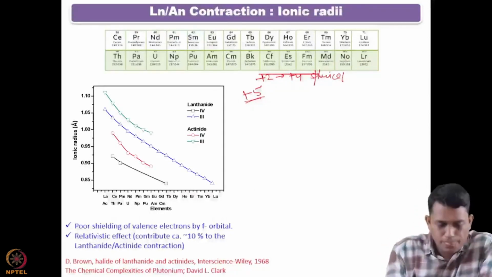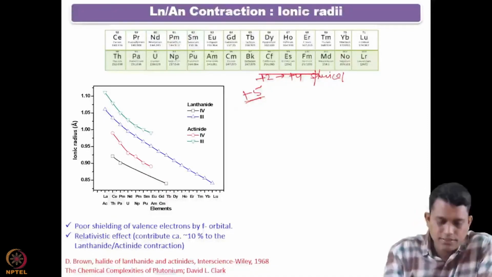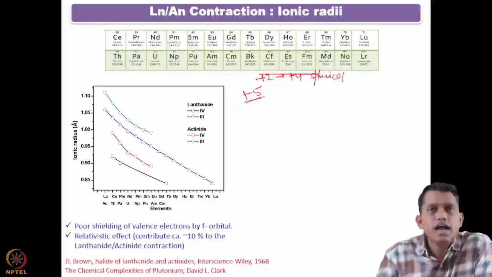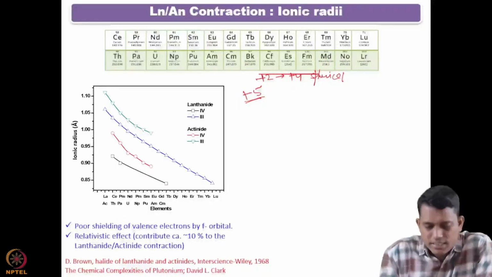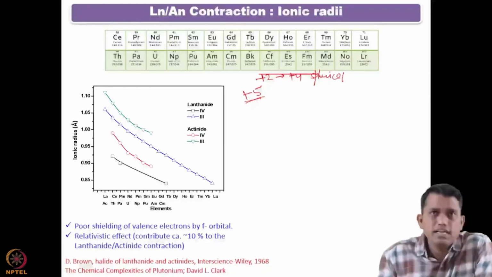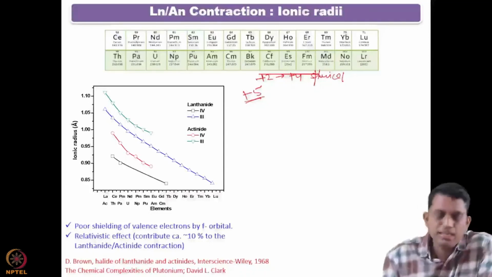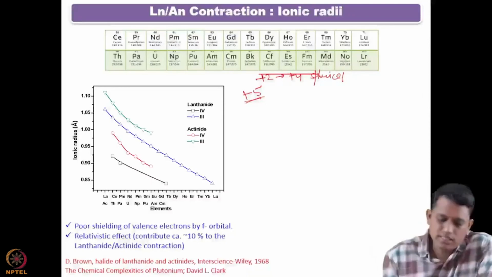If we see, there is a steady decrease, whether we talk about the lanthanides or the actinides, in the ionic radii with the atomic number. Why? Because when we talk about the lanthanides, this 4f, or in the case of actinides, this 5f orbital, they contribute to a very poor shielding, and because of the poor shielding, whatever electrons we are adding when we go from here to here, they are feeling more effective charge, and because of this there is a contraction, and this is linearly decreasing.